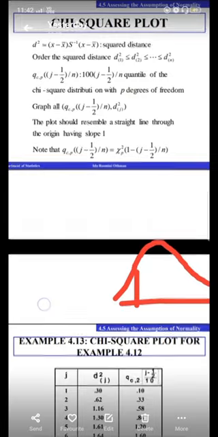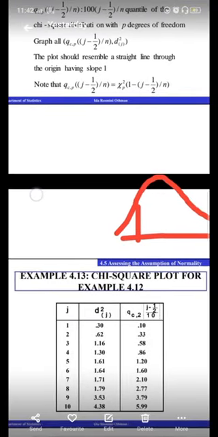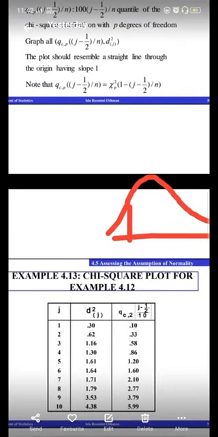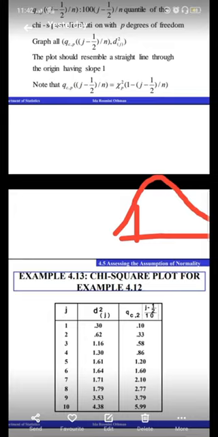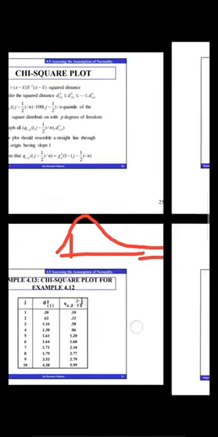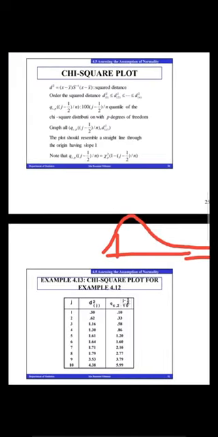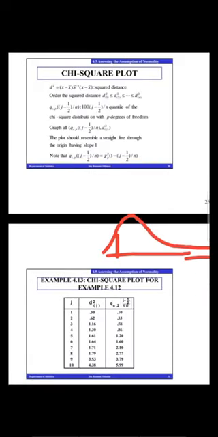Okay, so how to find the value of here using the chi-square table? Alright, so let's see the table. The table of chi-square. Okay, here, the table of chi-square. Let's say for the first row, here, we want to find the quantile.